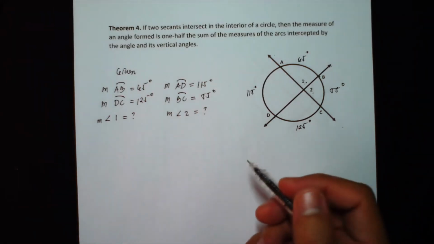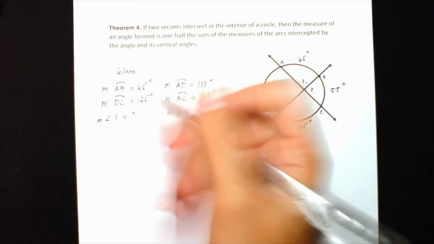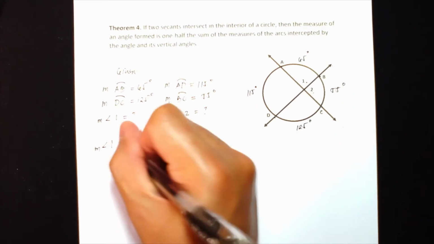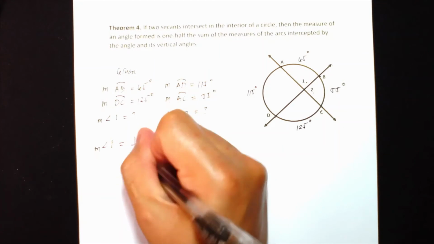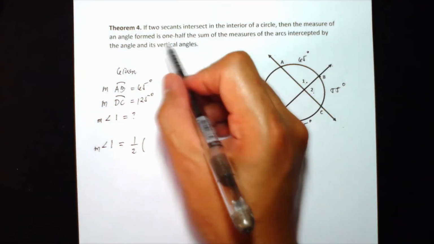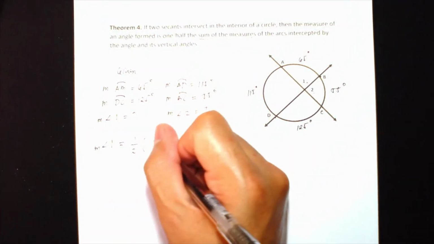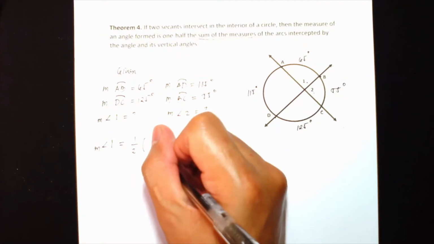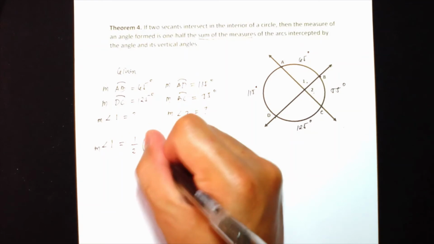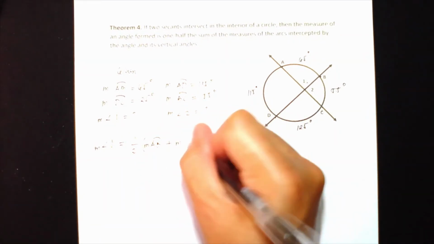So the measurement of angle 1 is equal to 1/2 the sum of the intercepted arcs: the measurement of arc AB plus the measurement of arc DC.